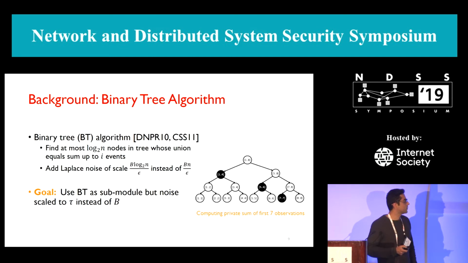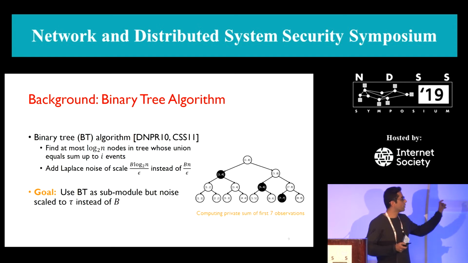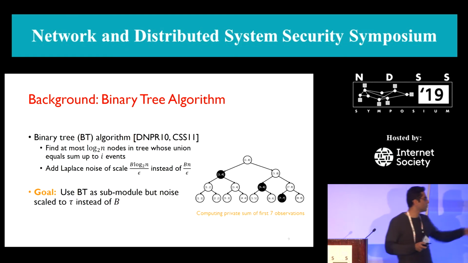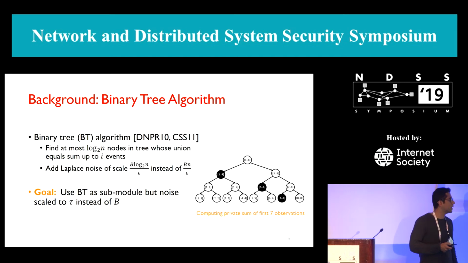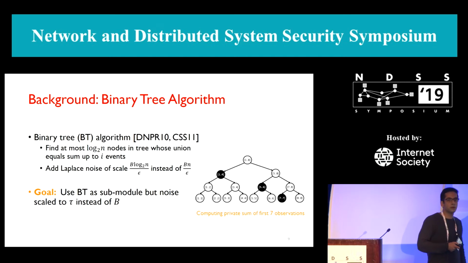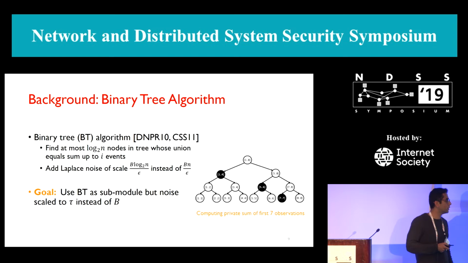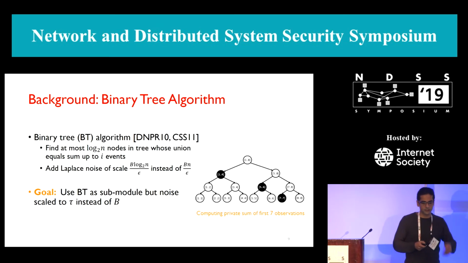So if we want to find out the sum of first n elements of a stream, we only need to find up to log n subsequences whose union equals the sum of the stream from 1 to n. So in this example, if we want to find the sum of the first 7 observations, we only need to add up the intervals that are colored black, and there are 3 of them instead of adding 7.